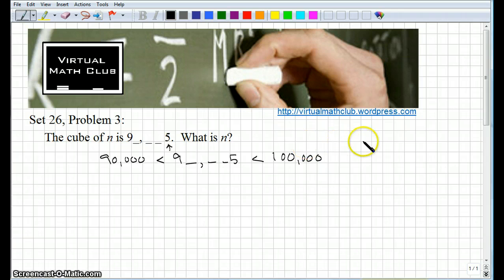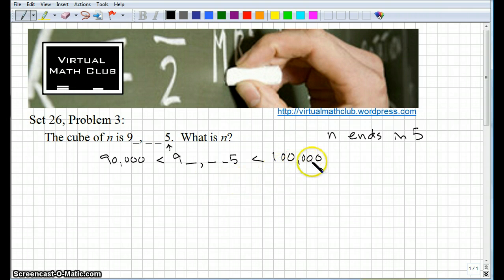So we know that n ends in 5, right? Let's work with that and see what we can figure out.